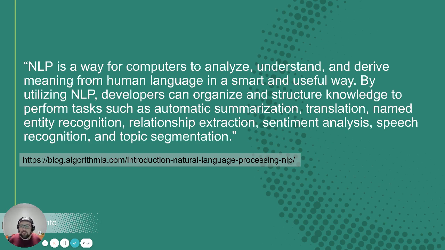By utilizing NLP, developers can organize and structure knowledge to perform tasks such as automatic summarization, translation, named entity recognition, relationship extraction, sentiment analysis, speech recognition, and topic segmentation. And obviously, there's a lot more than that. These are some examples.